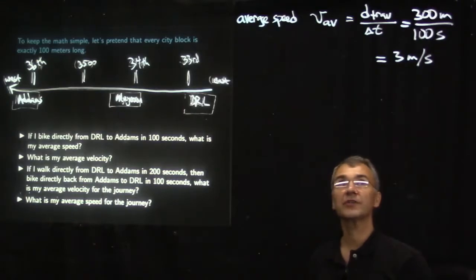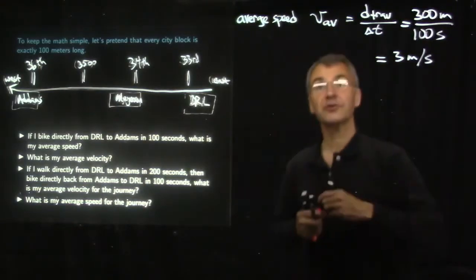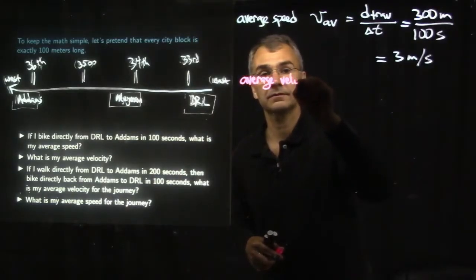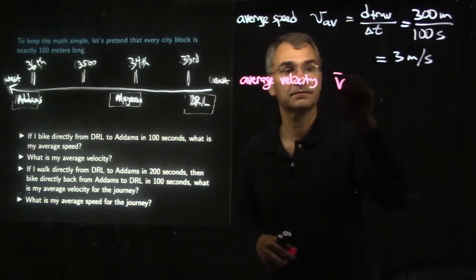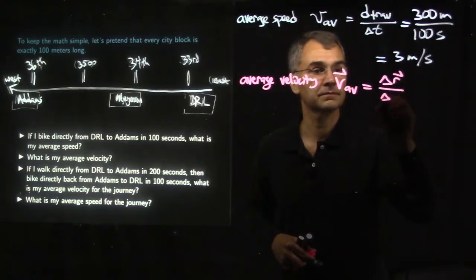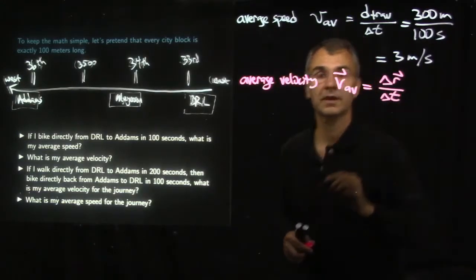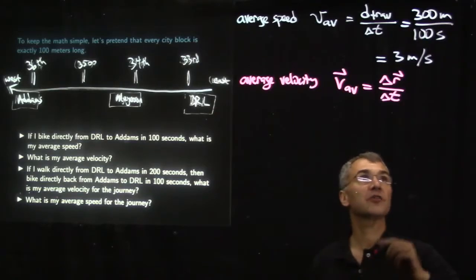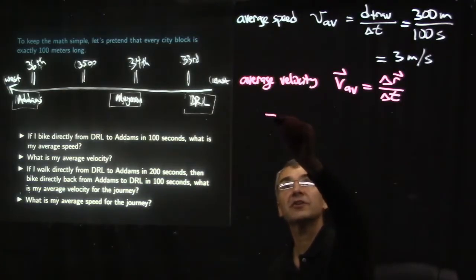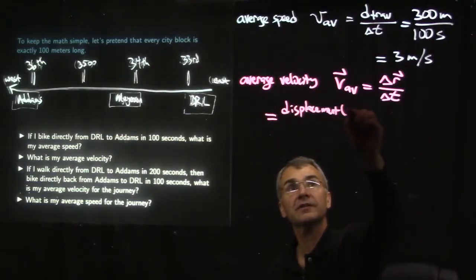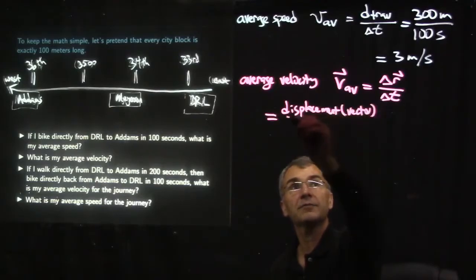What is my average velocity? Well, average velocity is displacement divided by elapsed time. What is my displacement? So this is the same thing as saying displacement, which is a vector, divided by elapsed time.